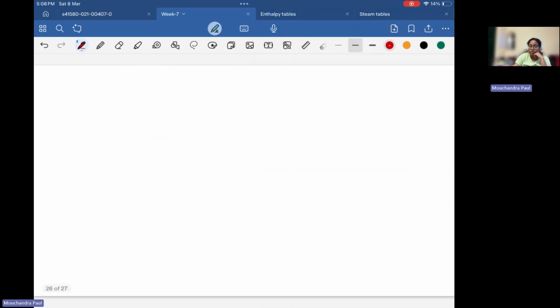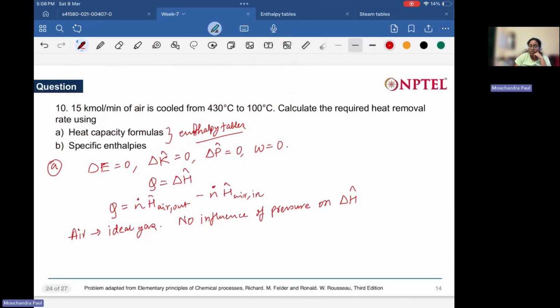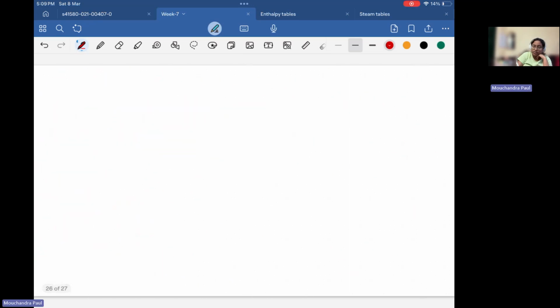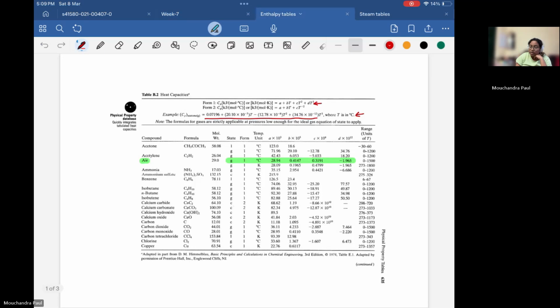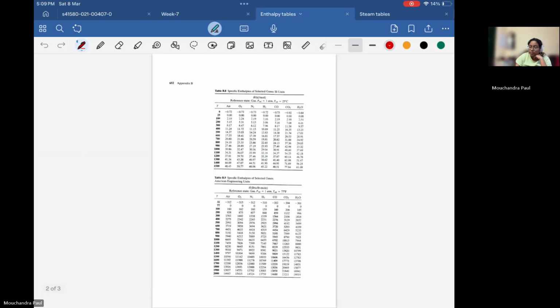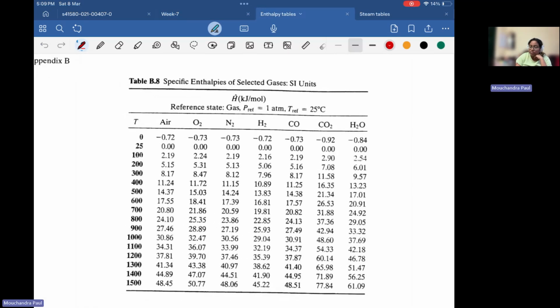Now another way is to use the table with calculated enthalpies already. Okay, so let's try that method. So for this, you'll have to use table number 8. There you go. You have to use table number 8 and then find the respective enthalpies of air at the required temperature.